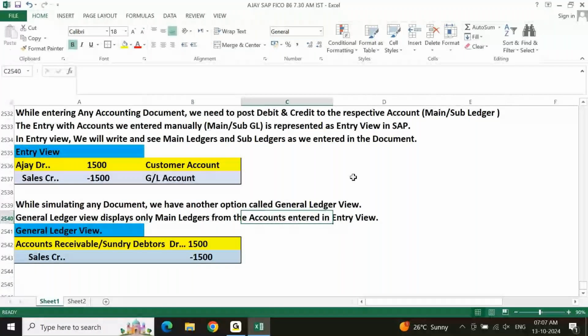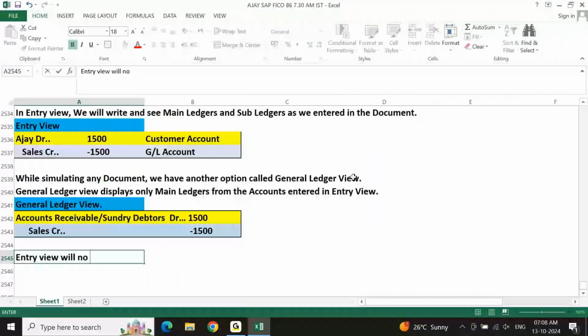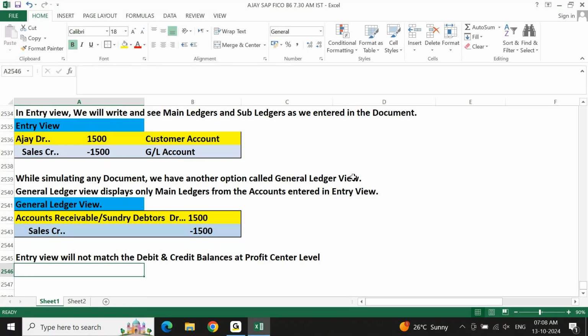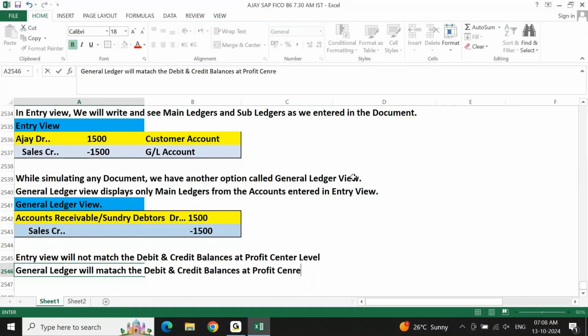Entry view will not match the debit and credit balances at profit center level. General ledger view will match the debit and credit balances at profit center level.